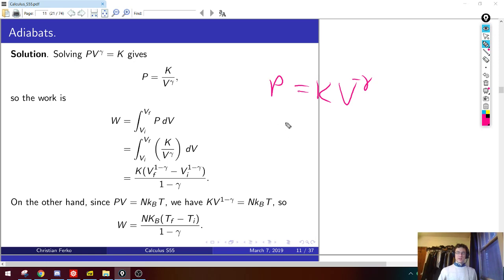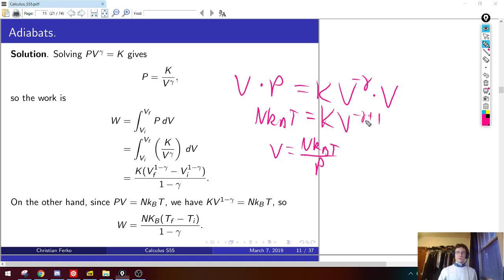But then you say, well, I also have the ideal gas law, which is PV equals N k_B T, or in other words, V equals N k_B T over P. So now you could just say, okay, why don't I take the top equation and multiply both sides by V, and then on the left side I plug in V equals N k_B T over P. When I plug that in on the left side, I'm left with just N k_B T. On the right side, I combine the powers, and I'm left with K V to the minus gamma plus 1.